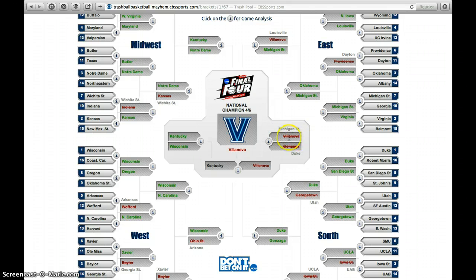Okay, it's scratched out, it's crossed out, the team is in red, and we can see that Michigan State is written above there. So Michigan State actually advanced to the Final 4, and here I predicted Gonzaga would make it to the Final 4, but we have Duke that actually made it. So out of the Final 4, half of my predictions were correct, and half of them were wrong.